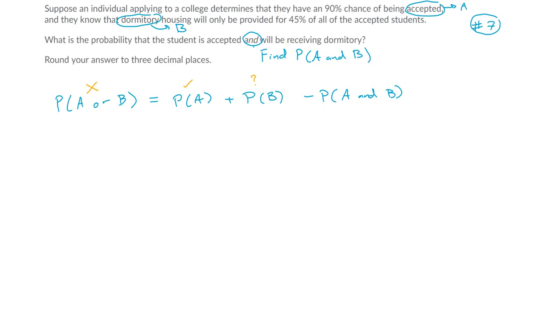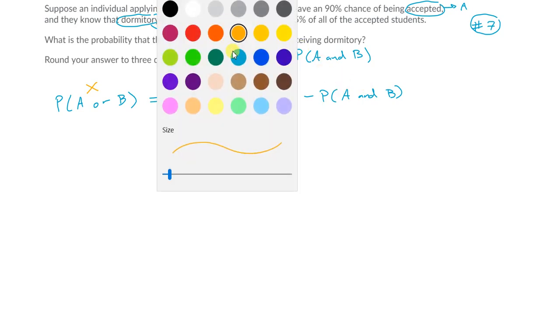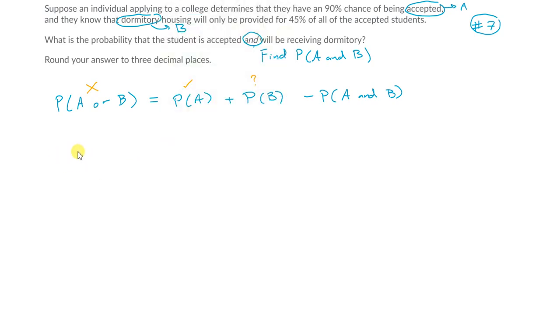All right, so what other equations do I know that involve A and B? Because that's what they're asking us about. The other equation I know is the conditional probability. I know the probability of A given B is the probability of the two occurring at the same time divided by the probability of the event after the conditioning bar. So as long as I have the A given B and the B, I can get the A and B. Now, do I have these?